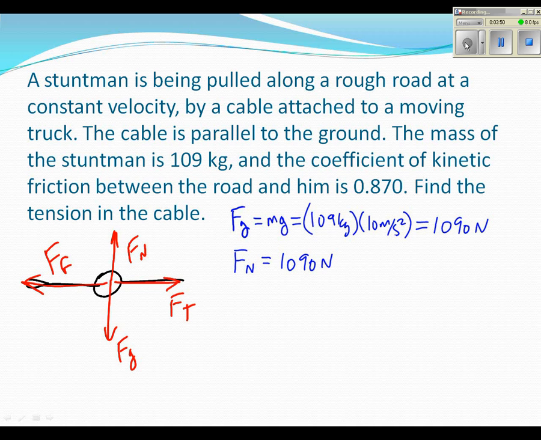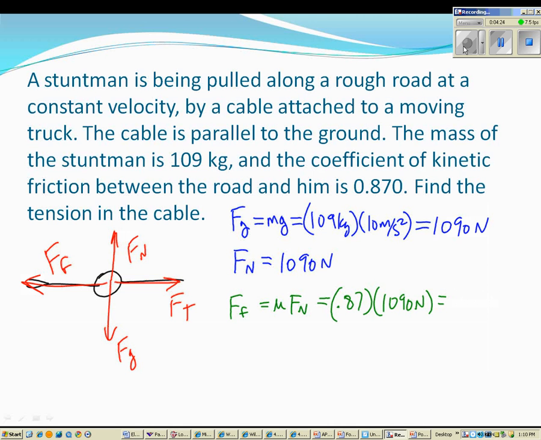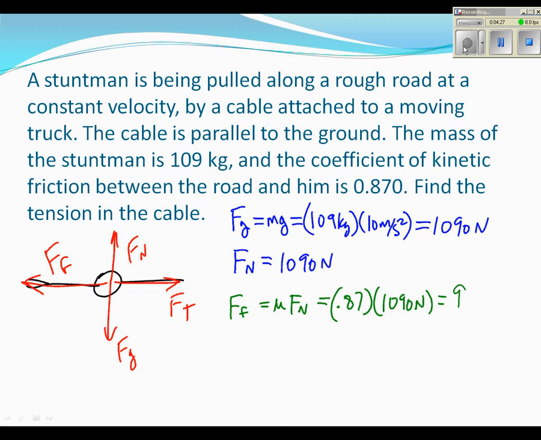What we're trying to find is the tension in the cable. And the tension in the cable we know is equal and opposite to the force of friction. So if we solve for that force of friction now, we know that force of friction equals the mu times the normal force. And our mu value here is 0.87. Our normal force is 1,090. What that means here is that our force of friction ends up having a value of 948.3 newtons.